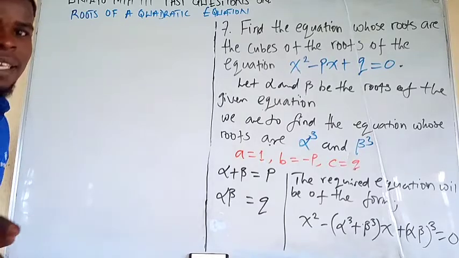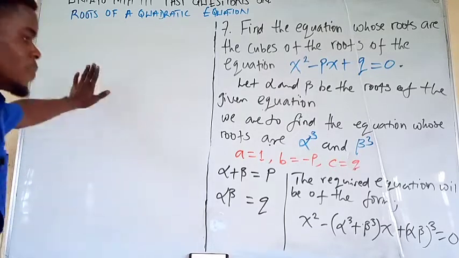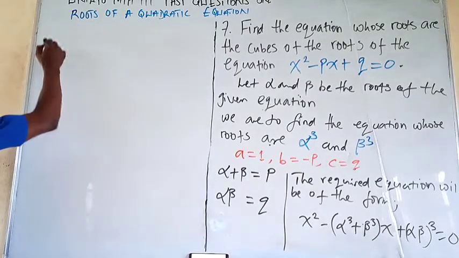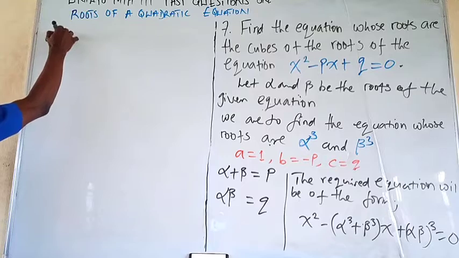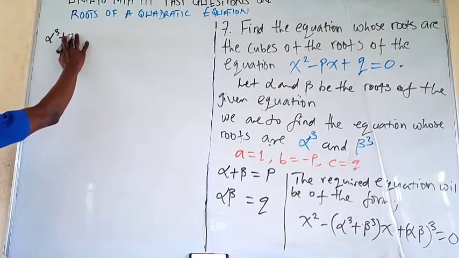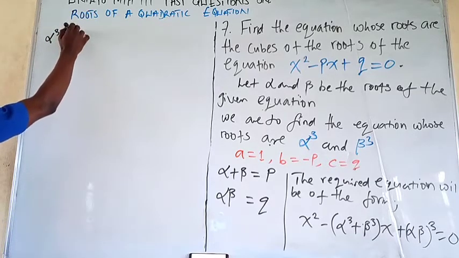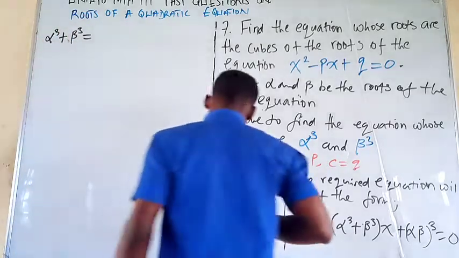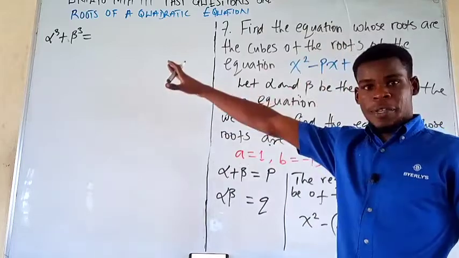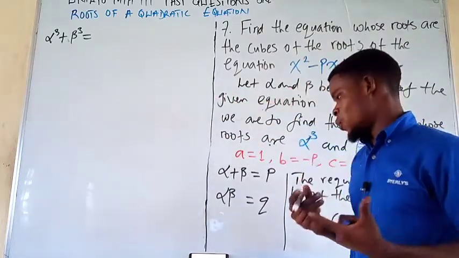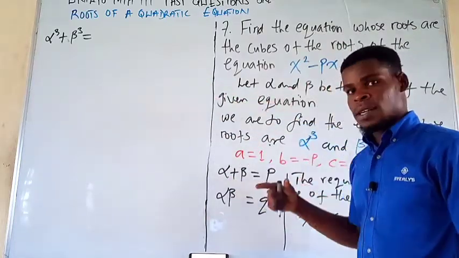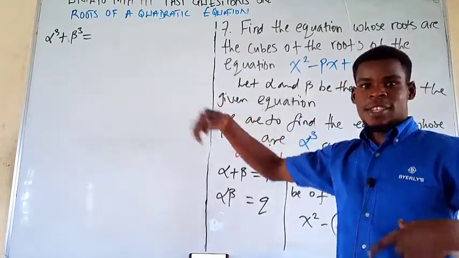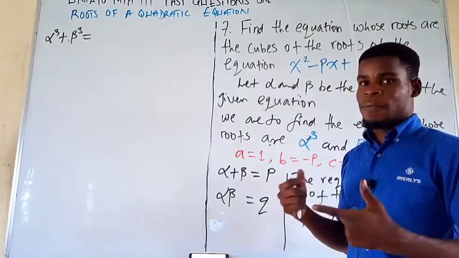Okay, so let me just use this part to sum them together. The sum of the two roots is alpha cubed plus beta cubed. Well, we want to represent that in a way that we can always get alpha plus beta and alpha times beta from it. So I'm going to try to rewrite that in different ways, kind of factoring it.